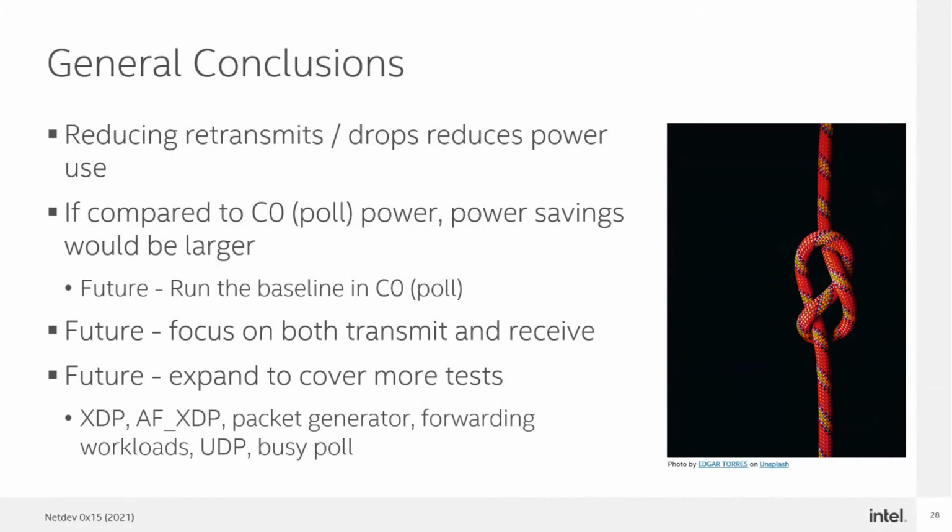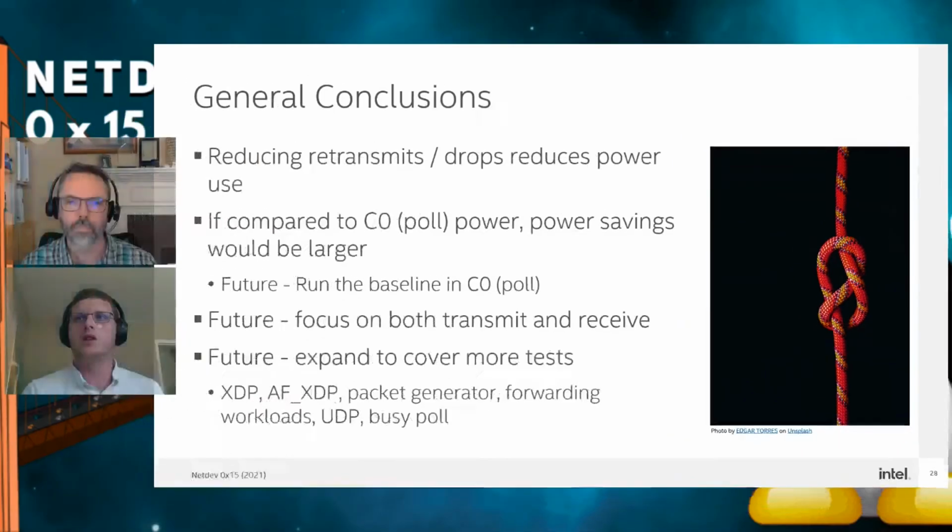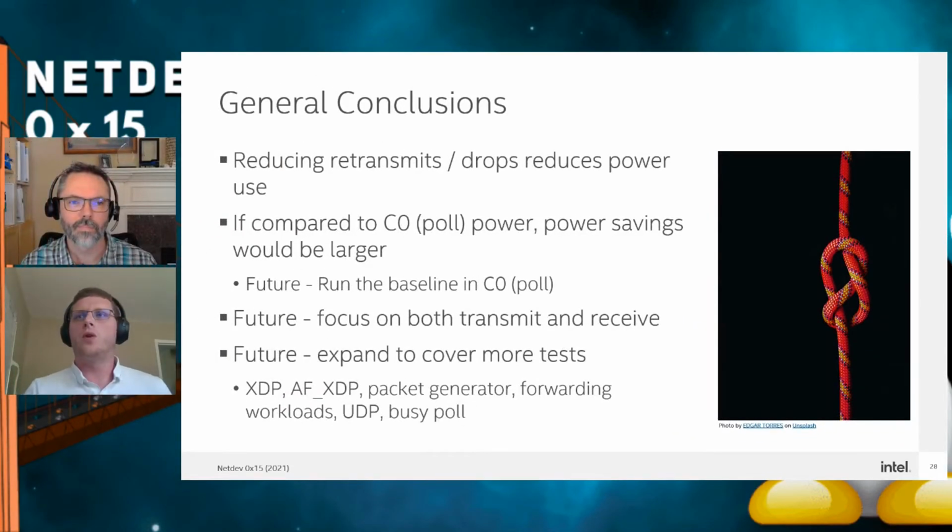Here are some general conclusions. Our key takeaway is that reducing the retransmits and drops was able to reduce the power consumption. Moving forward, we would like to test with the baseline in C0 to compare to PowerMAN, because you could really see a huge power savings in that case. C0 can often be used for latency sensitive tests, and this would show an even bigger benefit towards the PowerMAN script or whatever we use going forward.